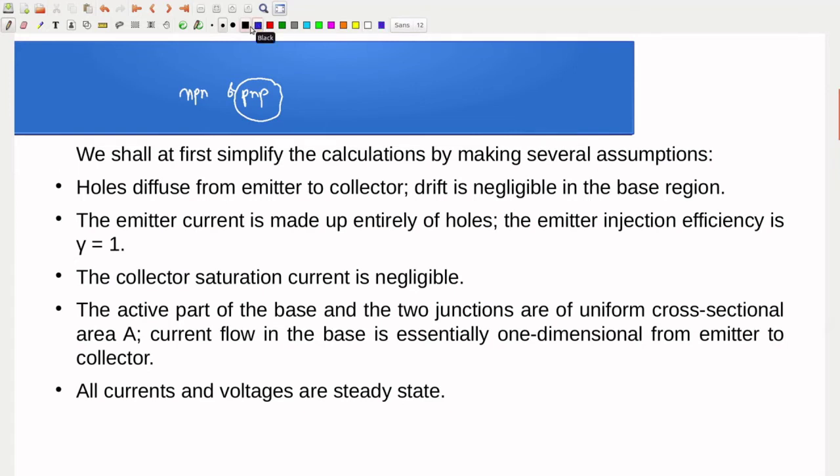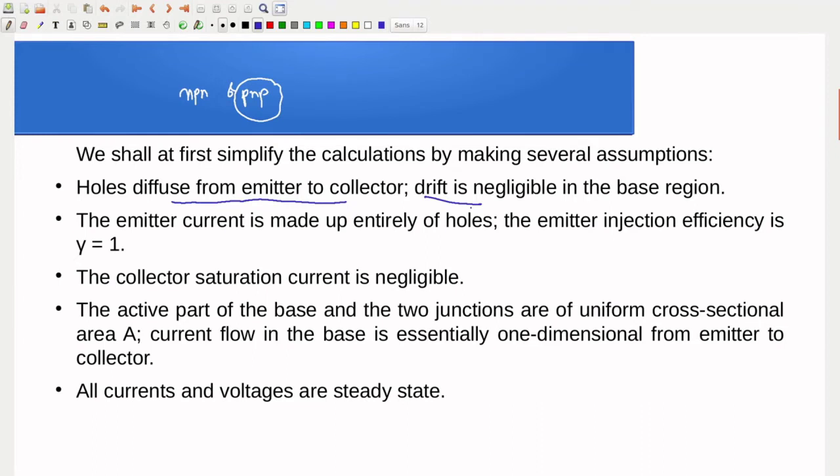Before doing that, we shall see a few assumptions that we take during the derivation. First one is that holes diffuse from emitter to collector and the drift is negligible in the base region.